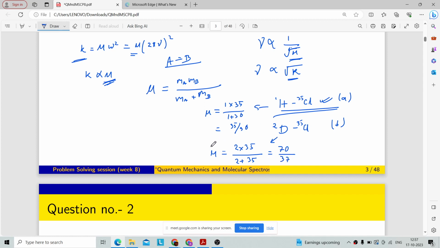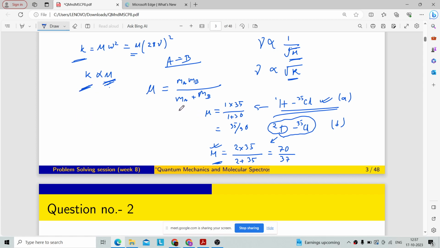So clearly this one is greater. For this molecule, the reduced mass is greater. So if reduced mass is greater, then force constant will be greater, right?